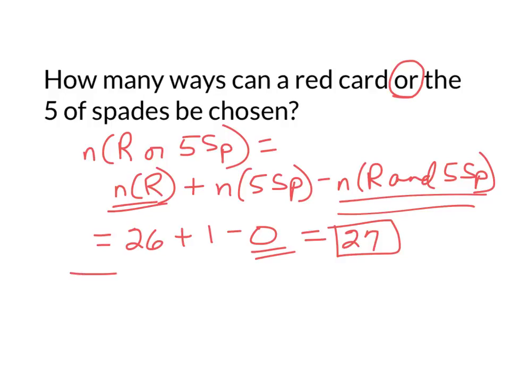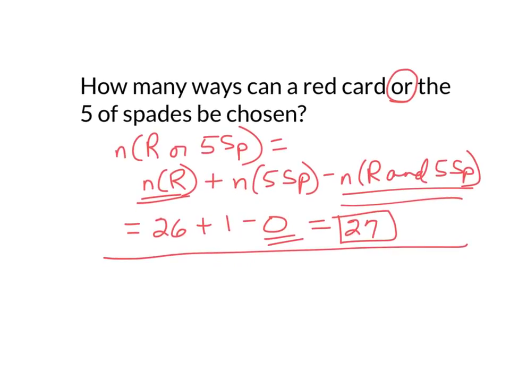Now, let's change the question. Let's say, instead of saying how many ways can a red card or the 5 of spades be chosen, let's say how many ways can a red card or a king be chosen.